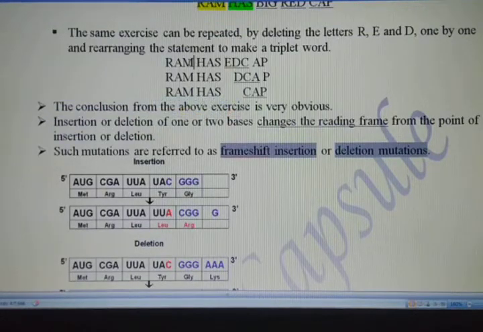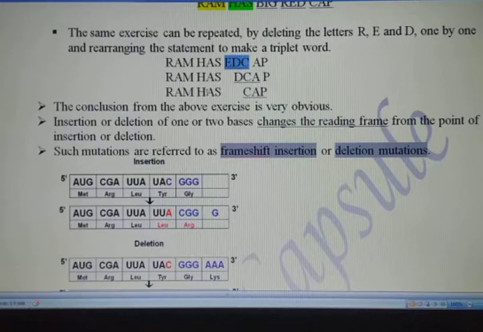The reading frame is going to change. Earlier it was Ram has red cap. Now after has, wherever the insertion or deletion has been done, it is going to change. Once again, insertion or deletion of one or two bases is going to change the reading frame. And from where is it going to change? From the point at which the deletion or insertion was done.